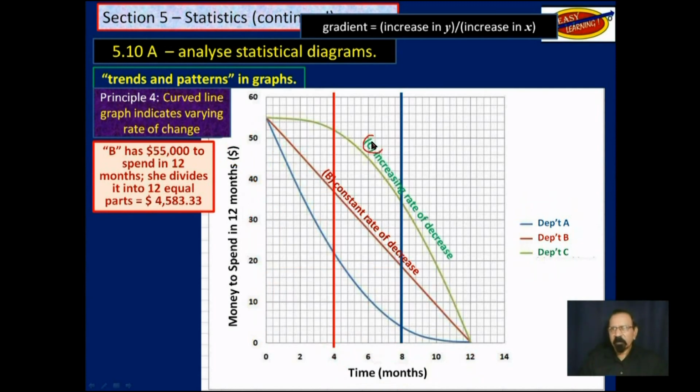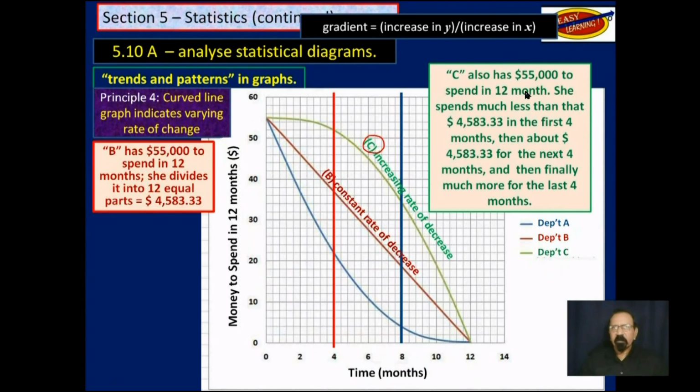Now let's deal with department C. Same amount of money, 55,000, to spend in 12 months. She spends much less than this other person here in the first 4 months, which amounts to that amount. And then about the same as this person here in the next 4 months, which is this.